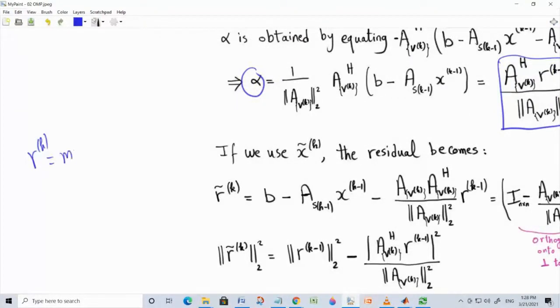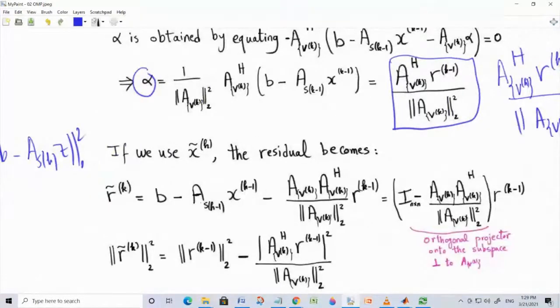R of k is the minimum of b minus A_S_k z squared, where z is in C^k, sorry, so we have k variables. So this one I will call R tilde of k, because I will fix k minus 1 variables and just solve for one of them.